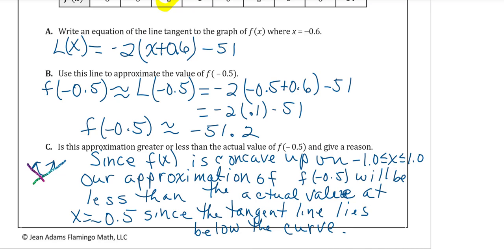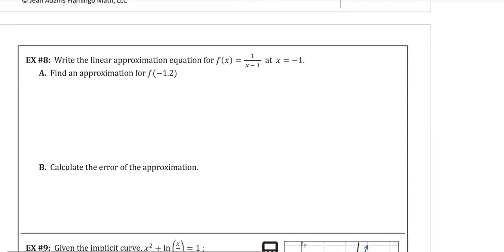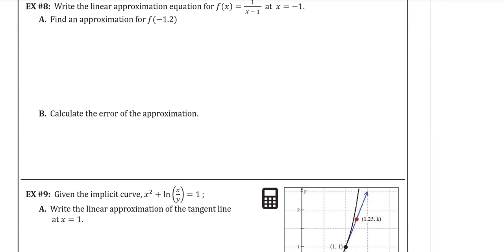Okay, so you're kind of reiterating what it means to have a concave up function and the placement of the tangent line.